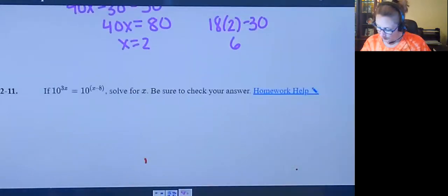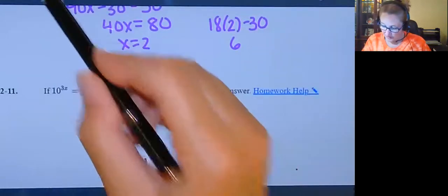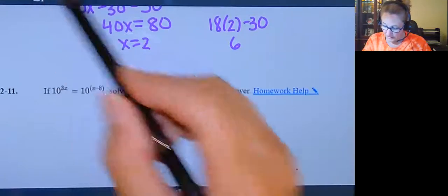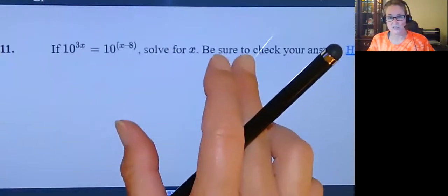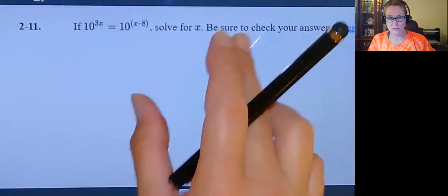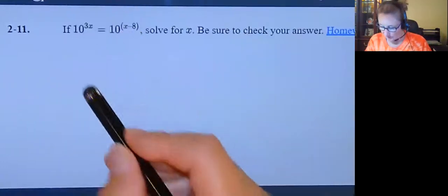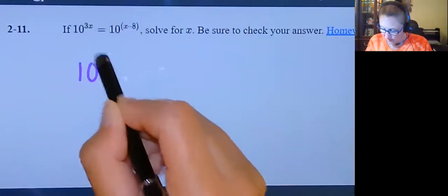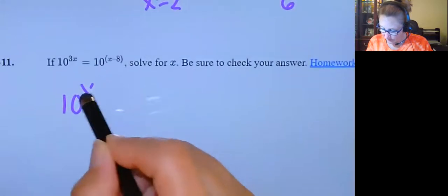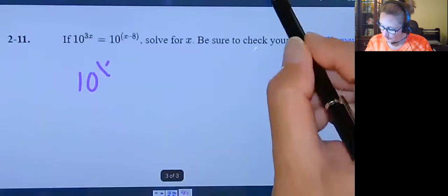And the last problem, this is really kind of review from Integrated 1. Did a little bit in 2, but probably more in 1. When you have the same base, the exponents have to be the same. So just kind of as a quick example, if I had 10 to the x, let me get my pen back, sorry.